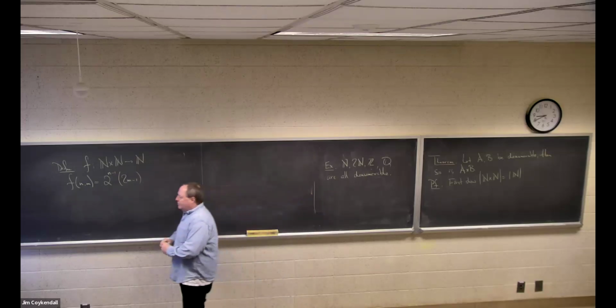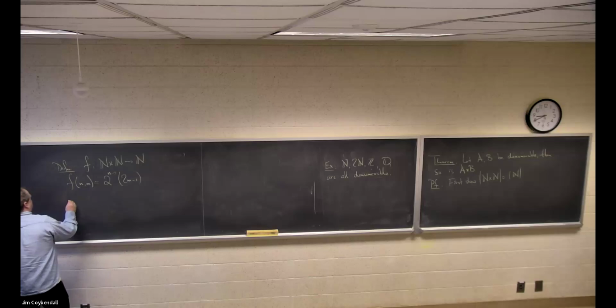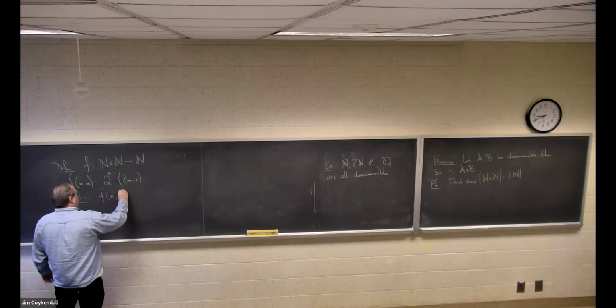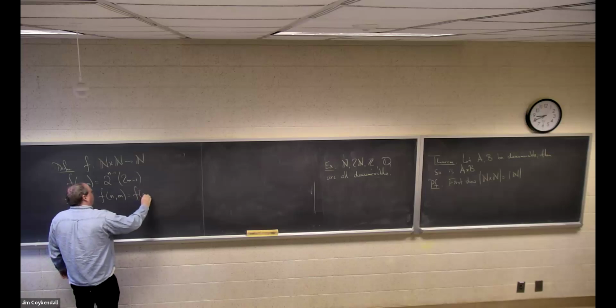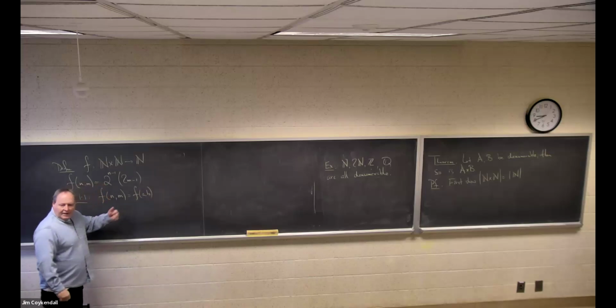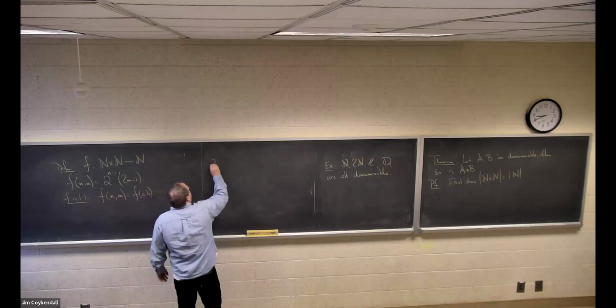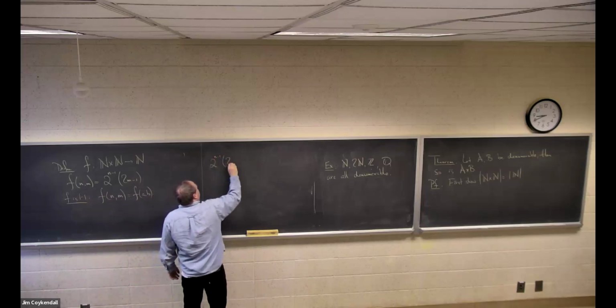Let's do one-to-one first. Suppose f of n, m equals f of a, b. This means 2 to the n minus 1 times 2m minus 1 equals 2 to the a minus 1 times 2b minus 1.